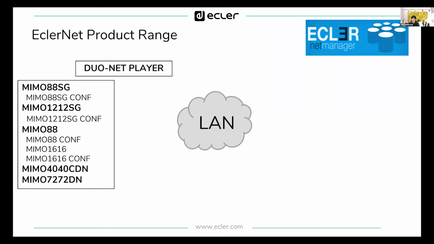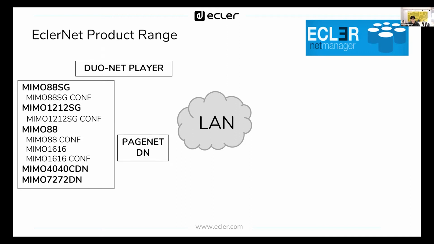And the MIMO7272TN, which is a matrix of 72 input ports and 72 output ports, with a native matrix of 64 channels. So we will see later on what all this means.